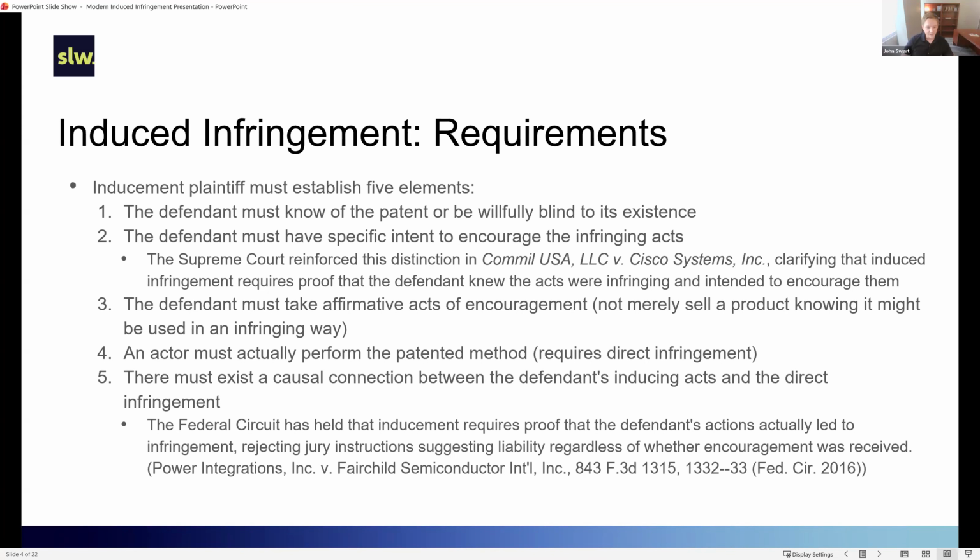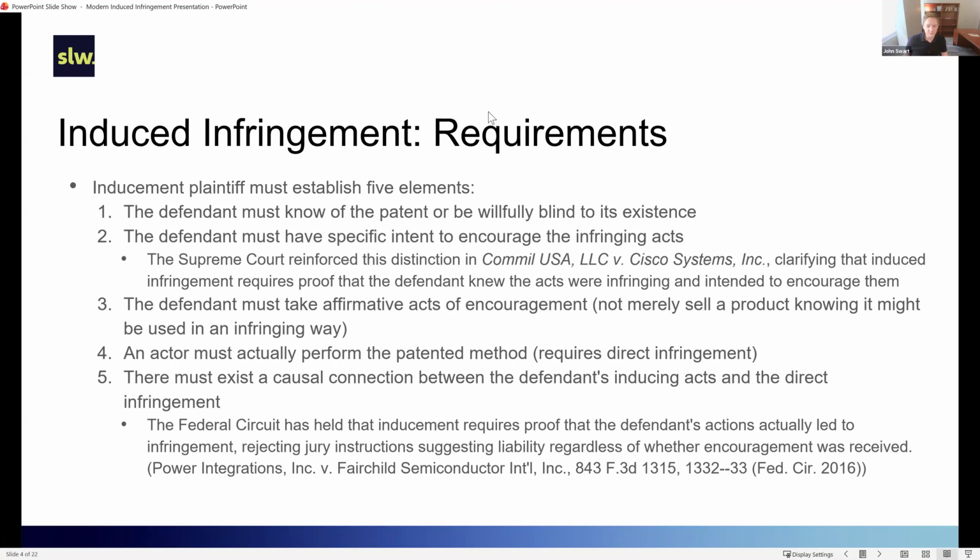Four, an actor must actually perform the patented method. This is important. It means that someone must be the direct infringer. This point four maybe differentiates from other doctrines of patent law and statutory infringement sections, like divided infringement, that maybe don't require a single direct infringer.